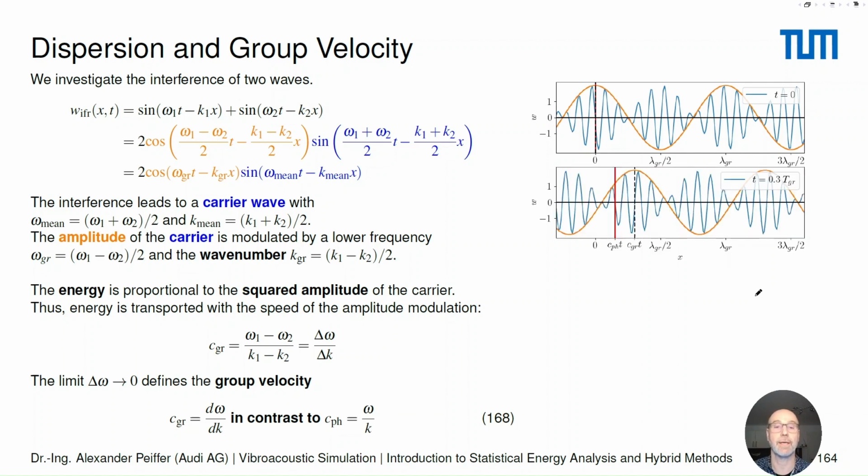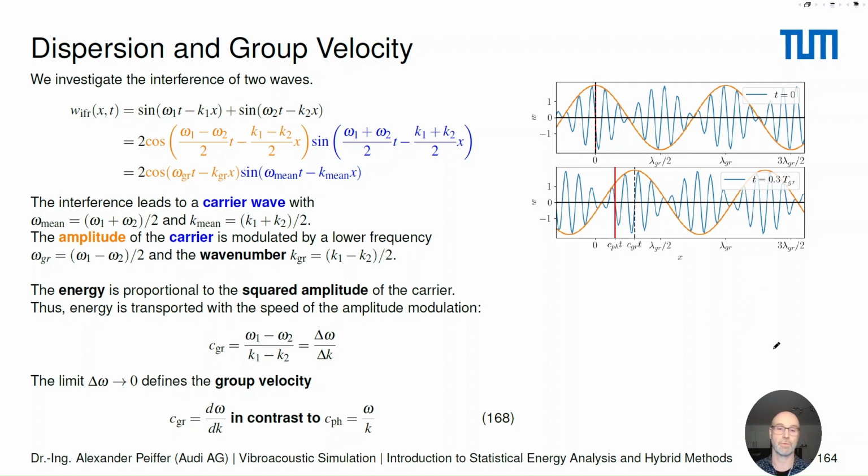At the next time step, the phase would move like this, going to this place, but the group velocity is much farther. The group velocity for bending waves is twice as high as the phase velocity. So that means the maximum of our energy is moving faster than the phase velocity.